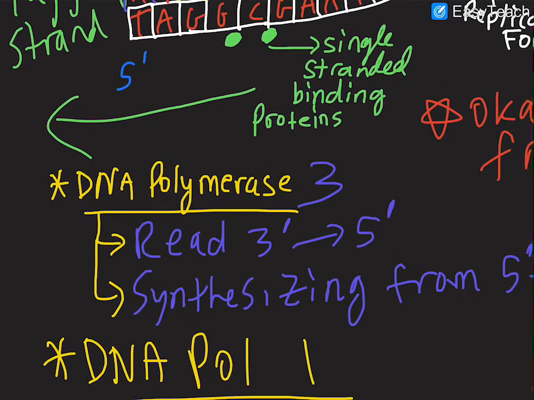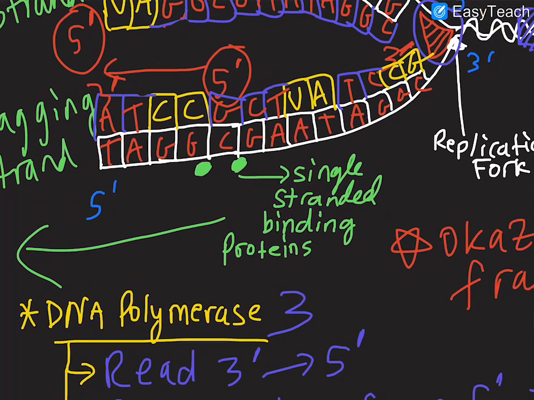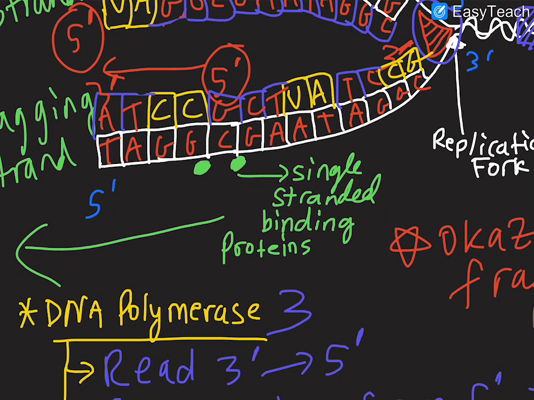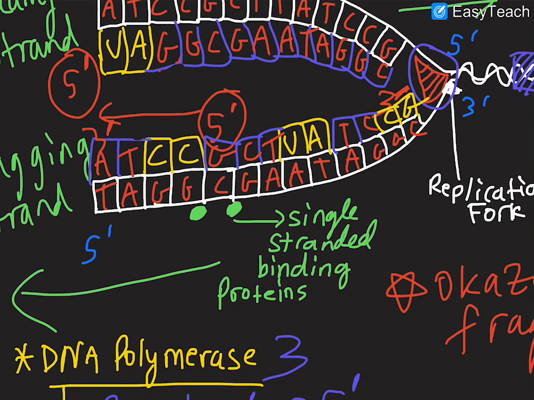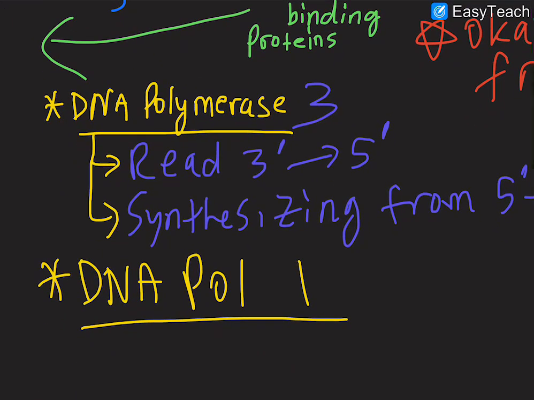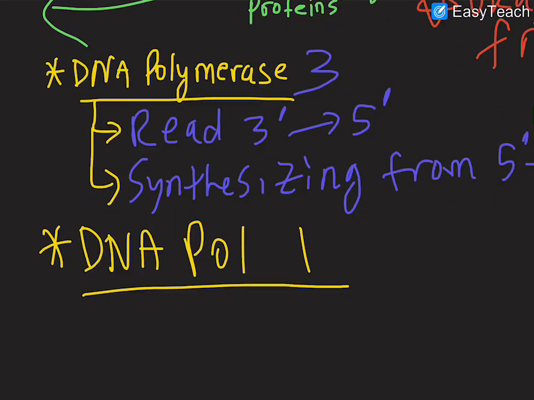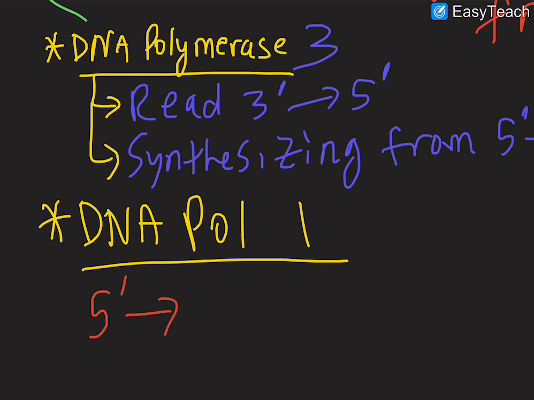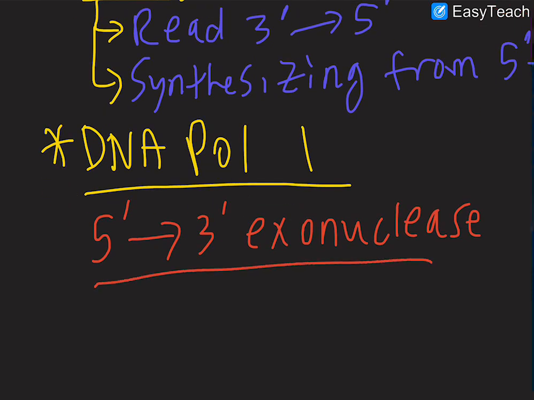Remember, how do we synthesize the primers? We went from 5 prime to 3 prime. So that's why DNA polymerase 1 is going to have something called 5 prime to 3 prime exonuclease activity. This is responsible for taking out the primers.